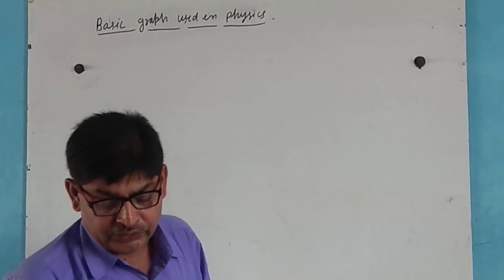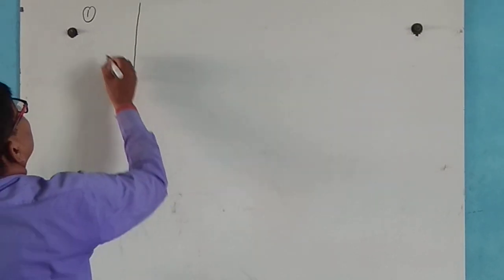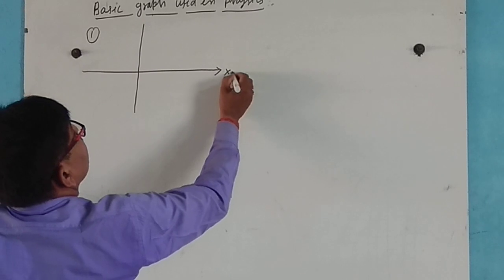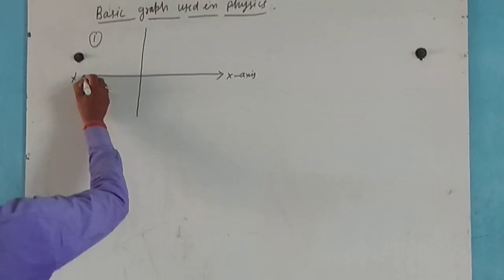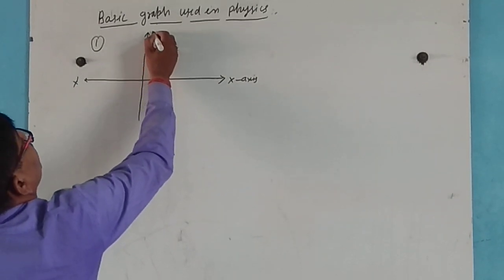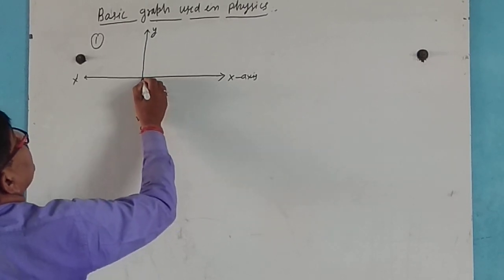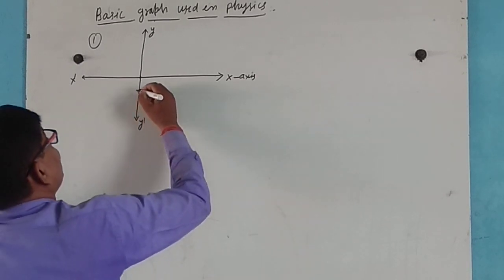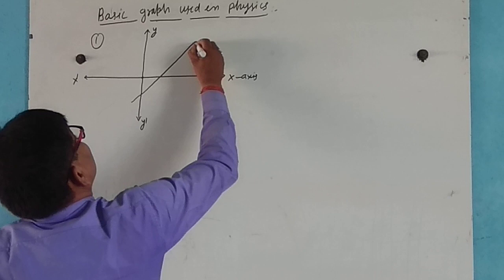Now we see here: this is the x-axis, x dash, y-axis, and here y dash. This is the origin. Let us suppose that our straight line is passing through this.